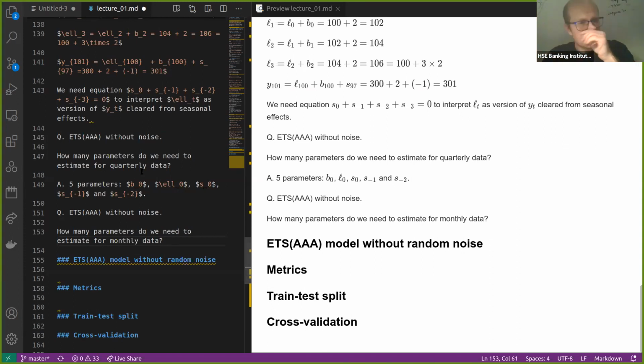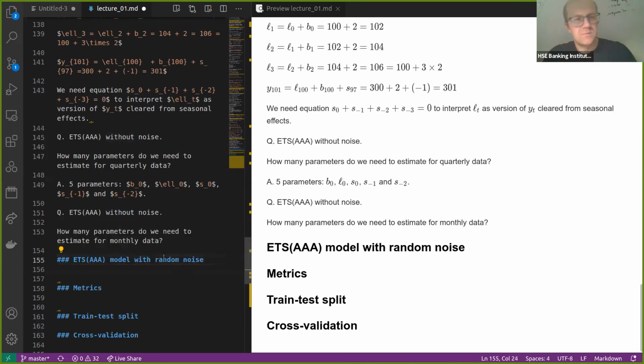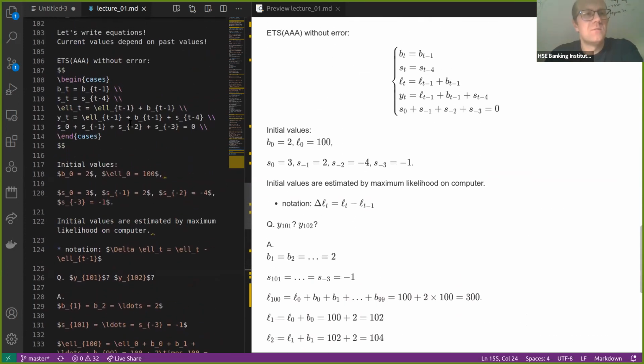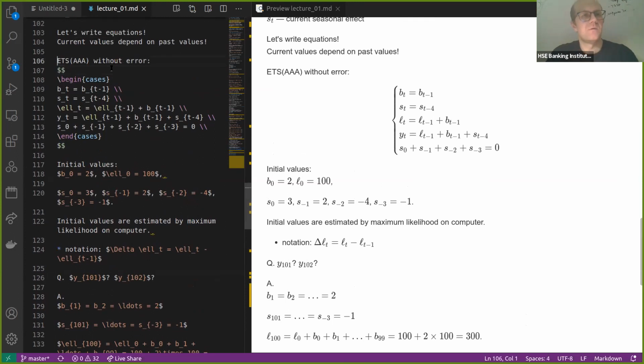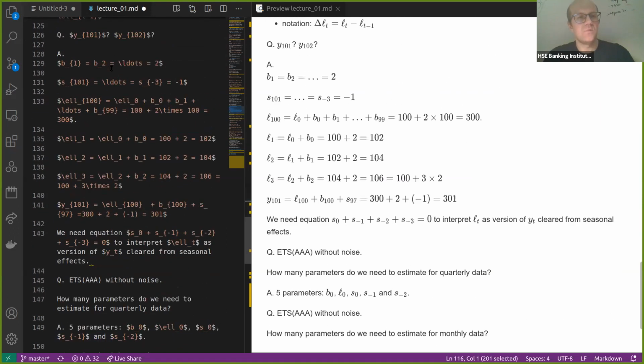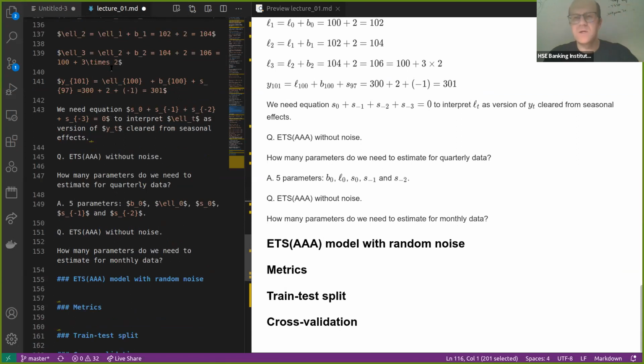Okay. I think we're now ready to introduce the ETS model with random noise. I will just copy my model without noise, and we will plug random noise into almost every equation.